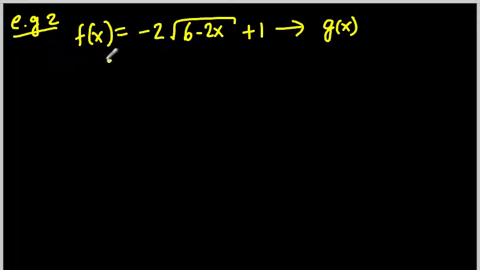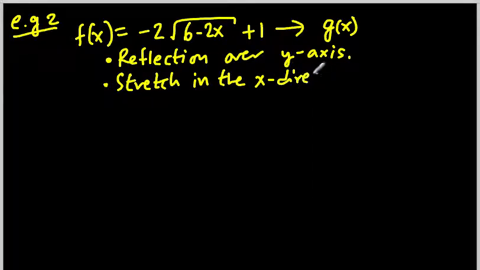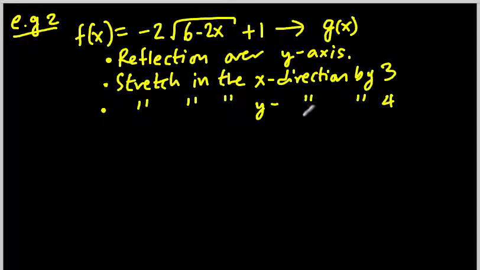And the transformations are the following. It's a reflection over the y-axis. And then there's going to be a stretch in the x direction by a factor of 3. And then there's going to be a stretch in the y direction by 4.